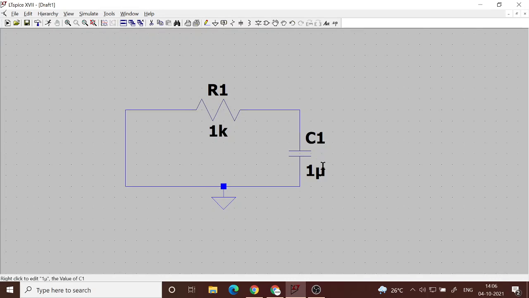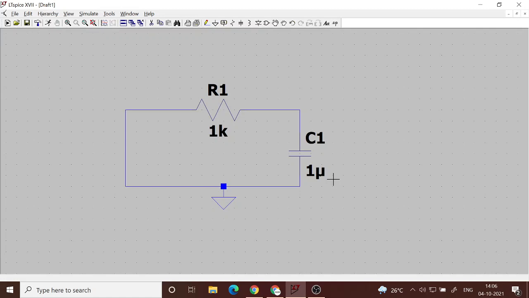But 1 micro, 1 nano, these are the kind of values that we use. So now you see the product RC, which is determining the characteristics of the circuit. The time constant is equal to 1 millisecond, right? It is basically the product of 1K and 1 microfarad, so that will come around as 1 millisecond.